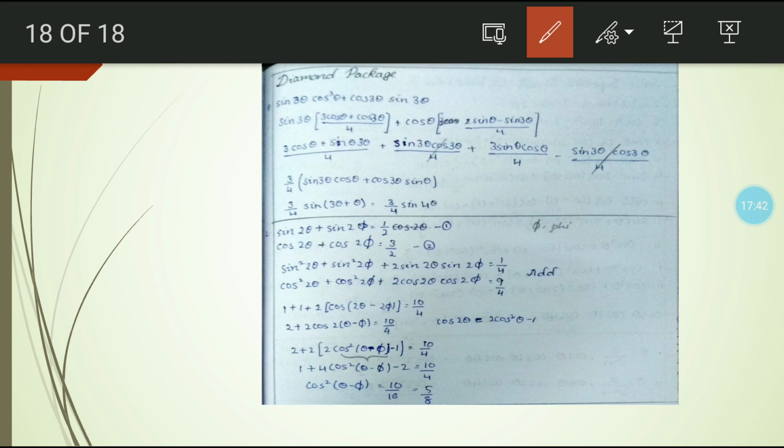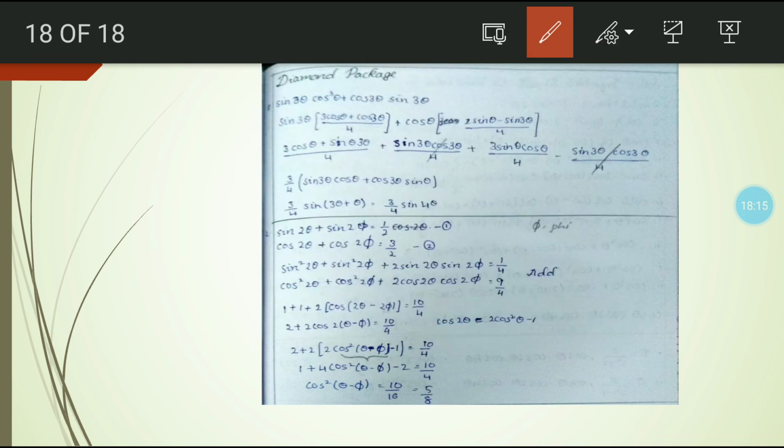With this, we made equation 1 and equation 2, then we substituted, and we added equation 1 and equation 2, then we got the solution. Don't write this, that is just a simplification part. After that, these steps will continue like this. Don't write the steps, it's just a rough step.